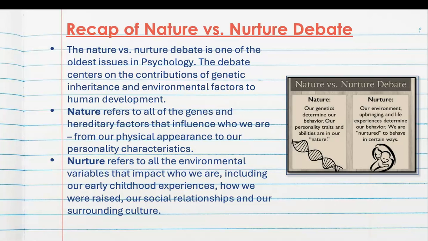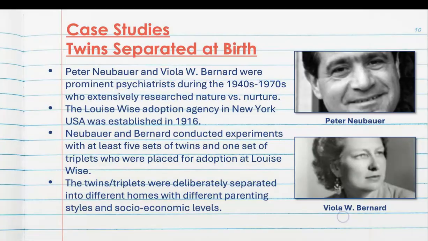So the nature versus nurture debate is central to lifespan psychology and is also described in a previous video of mine. It asks whether our development is shaped more by genetic inheritance or by environmental factors. So some of the most controversial research in lifespan psychology relates to twins separated at birth.